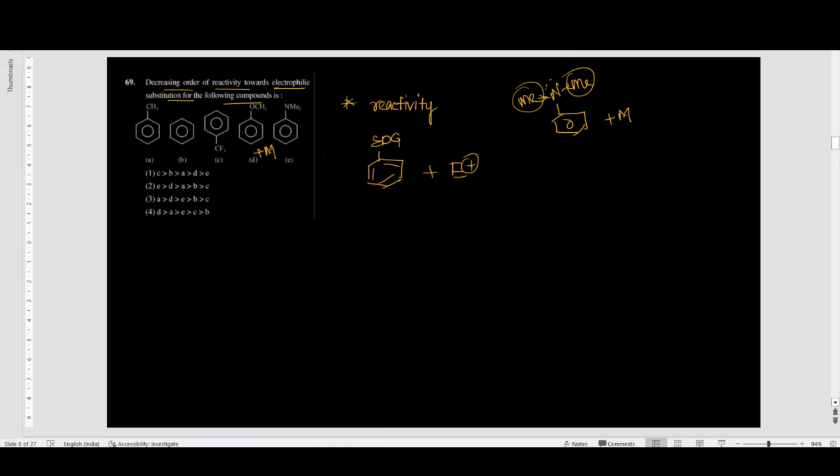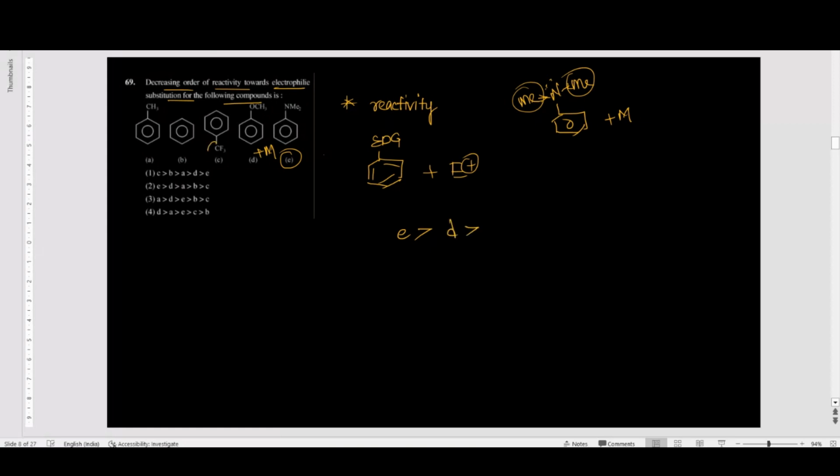Here the electron density on this nitrogen will increase, and it can participate. The resonance will be more effective in this case. So in the reactivity order, this E is greater than, then you can say this has more reactivity towards electrophilic substitution reaction, B.